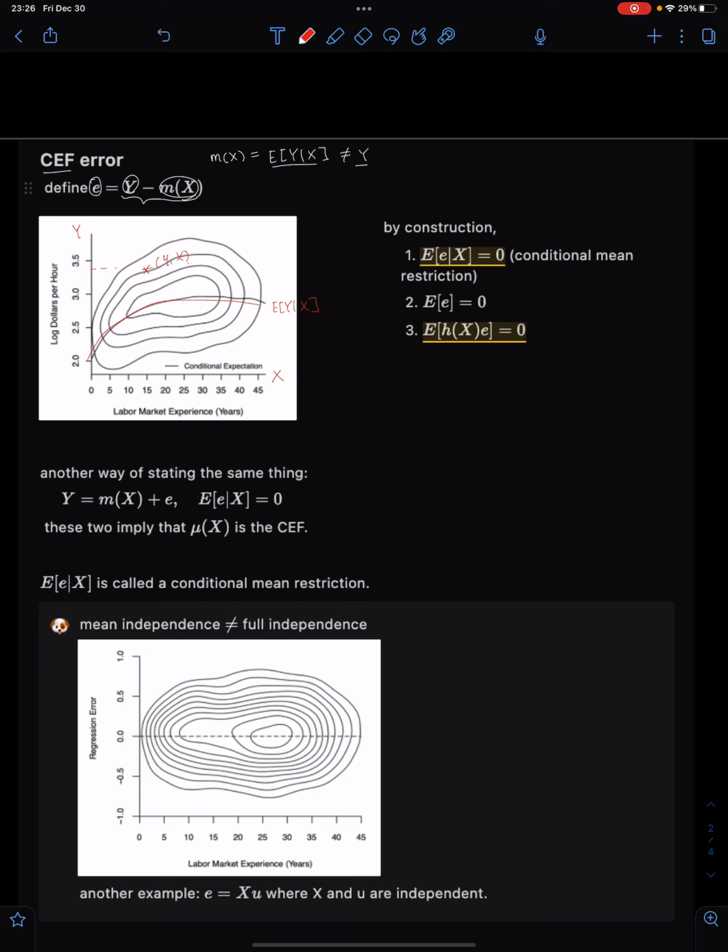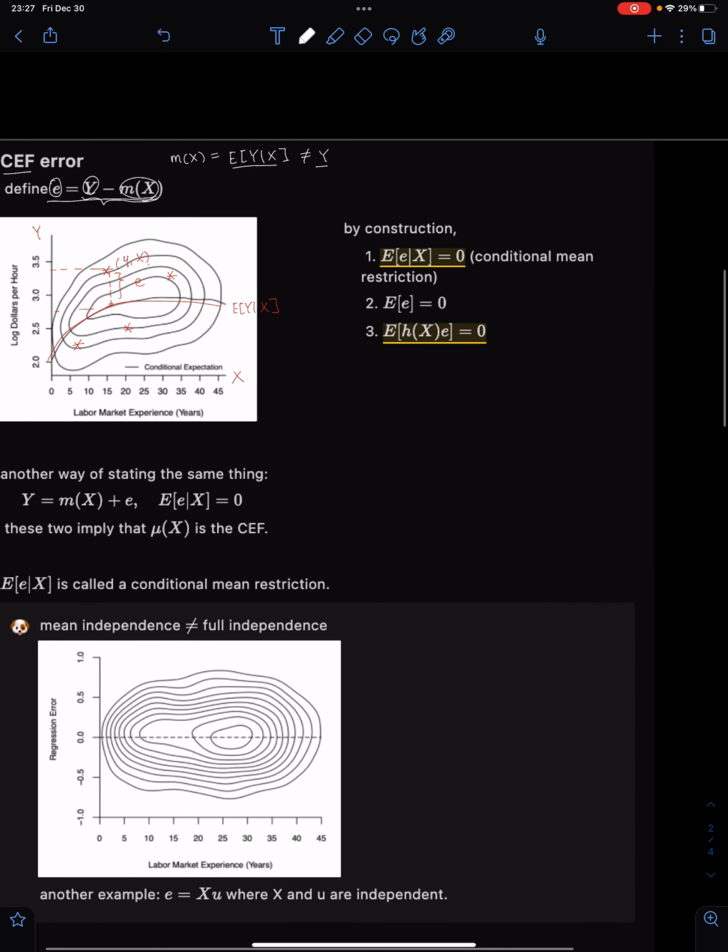Your difference between y and the conditional expectation, so this part, will be your CEF error. And that CEF error will be random because your data y and x are random. It could be this point, or that point. Okay, so we have defined our CEF error as this.